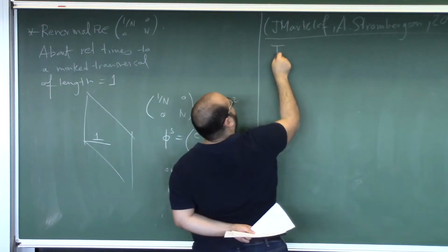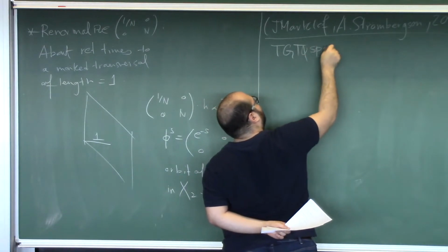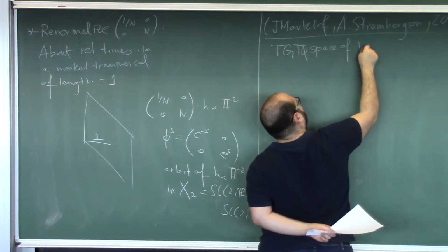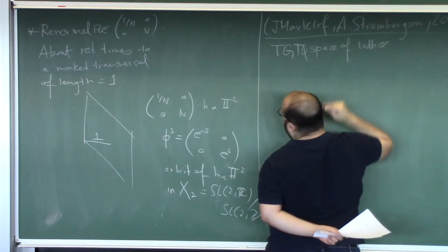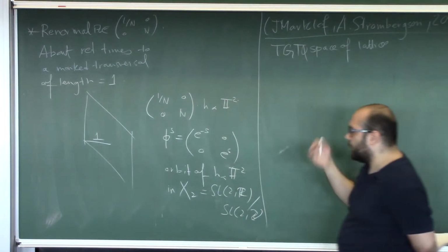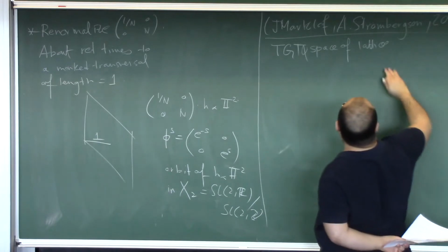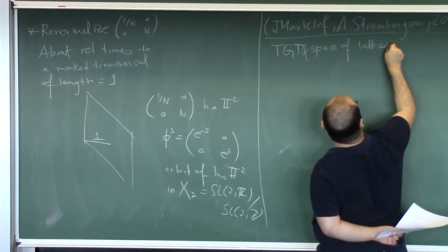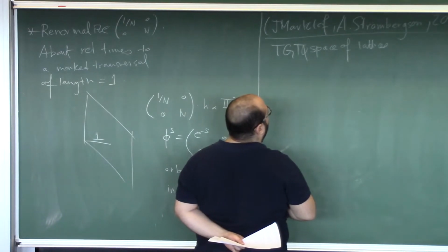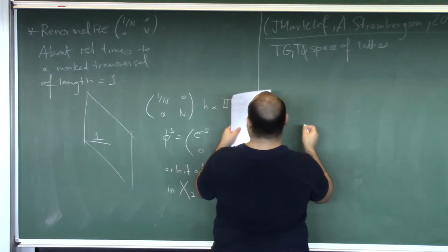They also prove the Three Gap Theorem using the space of lattices. And their idea, I can't speak for other people, I can't tell you why they were motivated this way, but in terms of what I just wrote on the board, you can see why they did things the way they did.